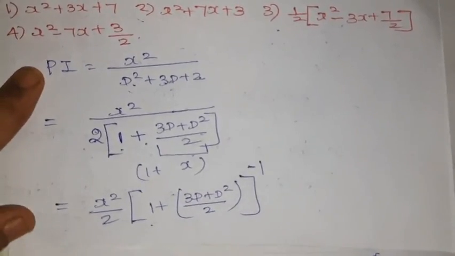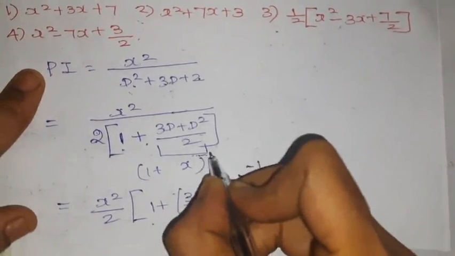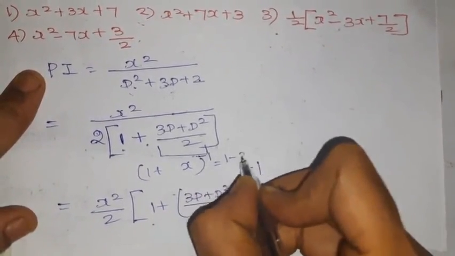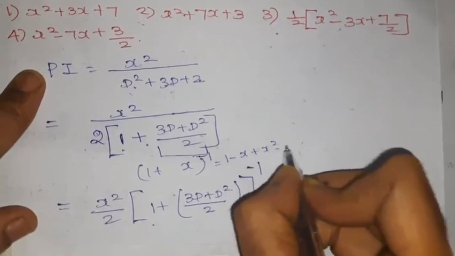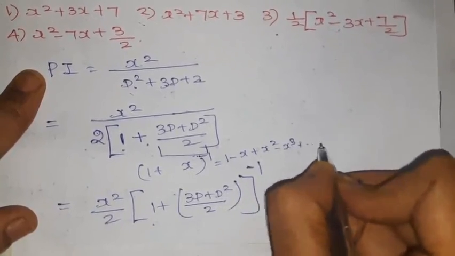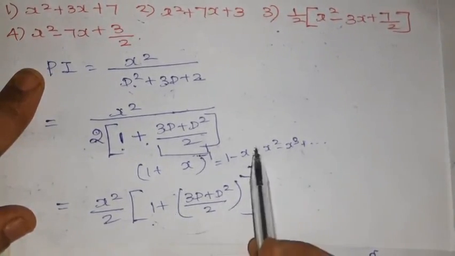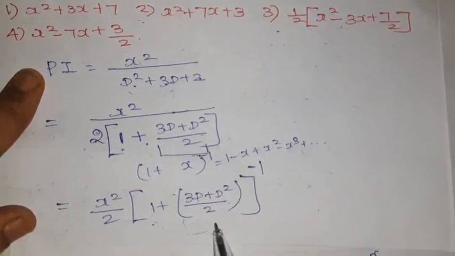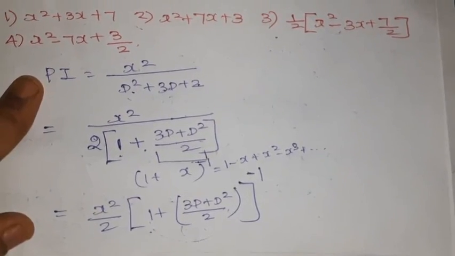So we will know the expansion of 1 plus x the whole power minus 1: 1 minus x plus x squared minus x cube plus etc. Just consider x as 3D plus D squared by 2 here and then expand this series.